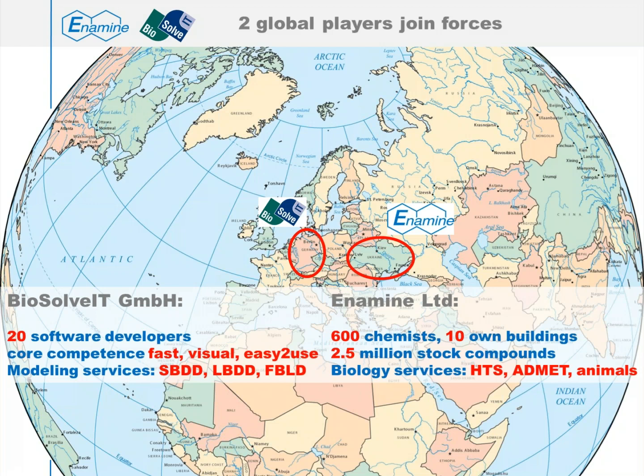Our software targets structure-based, ligand-based, as well as fragment-based lead discovery. We're not only developing software, we're also offering modeling services. So if you have problems with any task which we can advise with, please feel free to contact us.